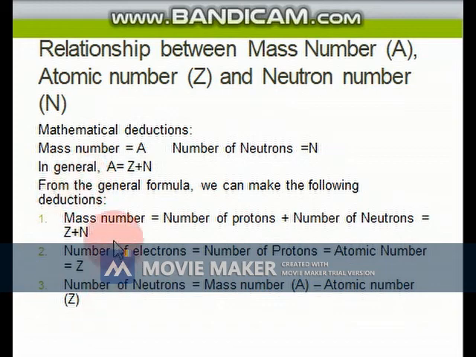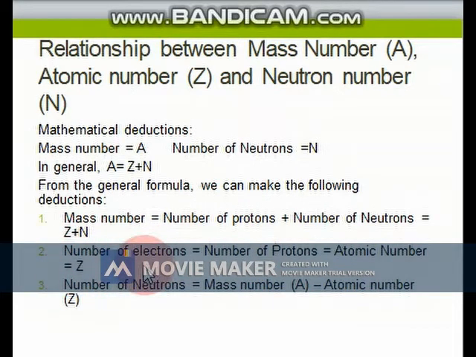Now from the general formula, we can make the following deductions. Number 1, mass number is the same as the number of protons plus the number of neutrons, where we shall have the symbol Z plus N.